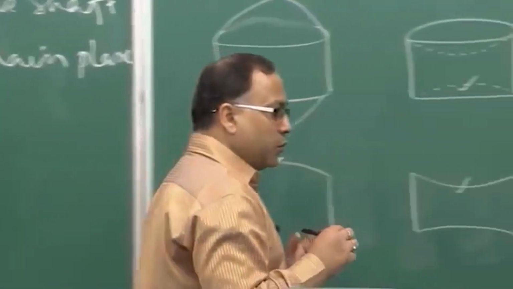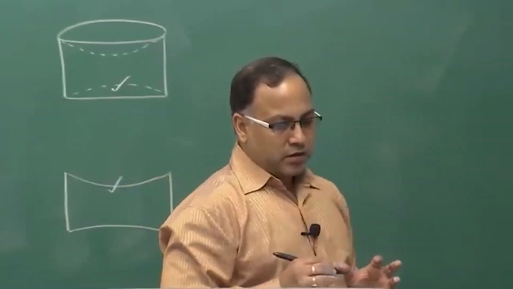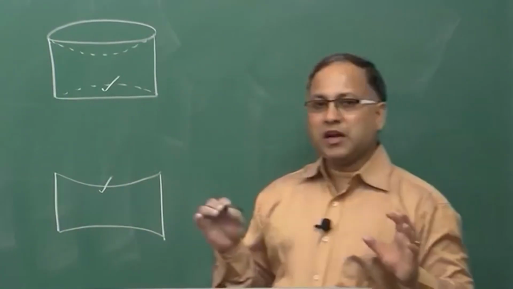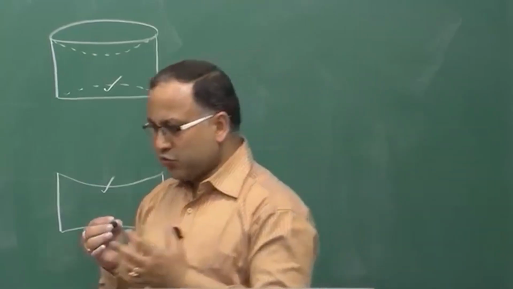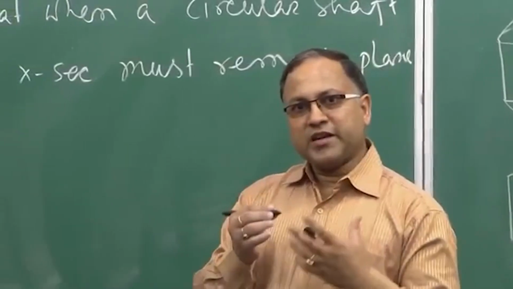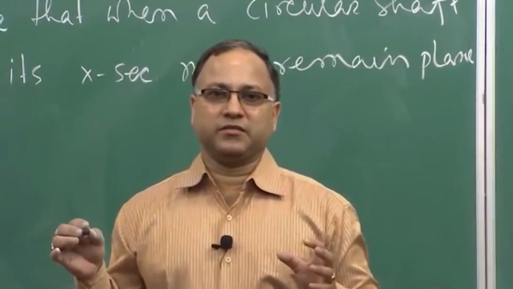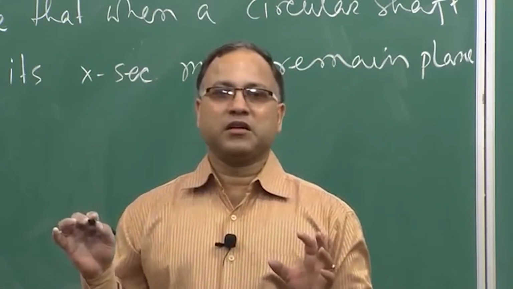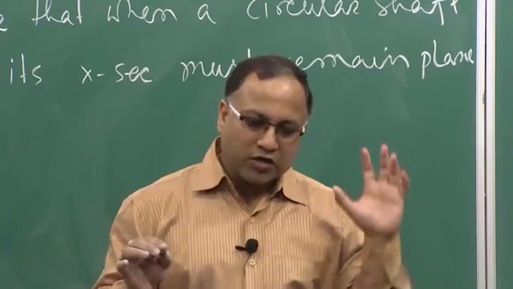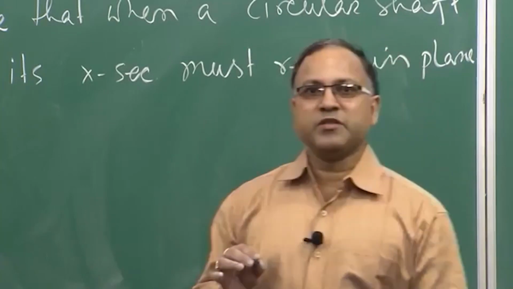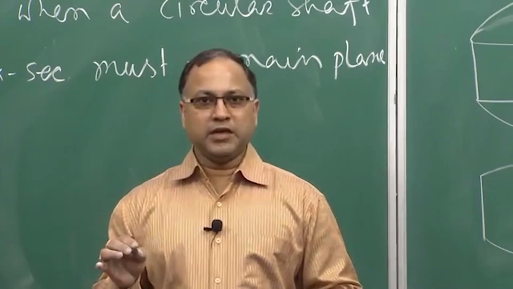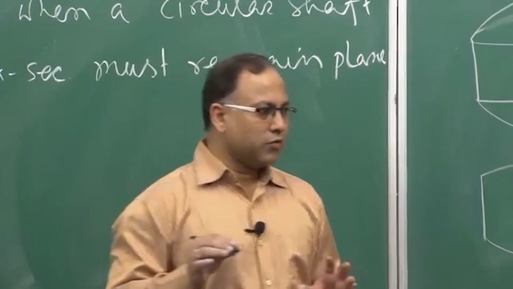So, from the symmetry argument we can say that the curved lines, due to the application of the twisting moment, the straight radius will be remaining straight, they cannot be curved radius, because curved lines are not satisfying the symmetry argument. Agreed? So, what can we conclude?